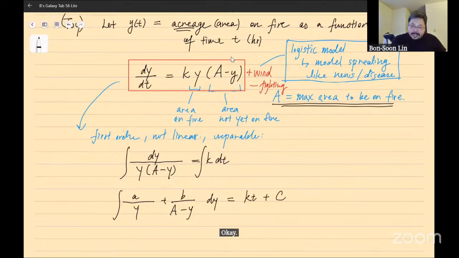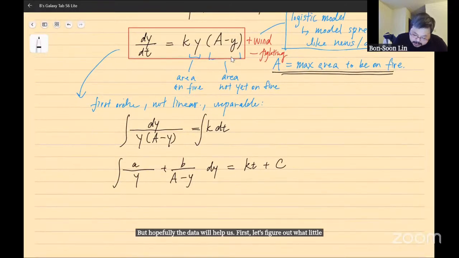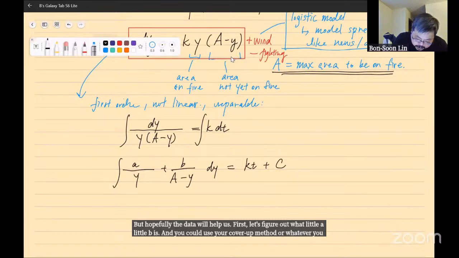Now, we don't know what k is, but hopefully the data will help us. First, let's figure out what little a and little b are, and you could use your cover-up method or whatever you like to solve this partial fraction. I don't really mind, so long as it works.